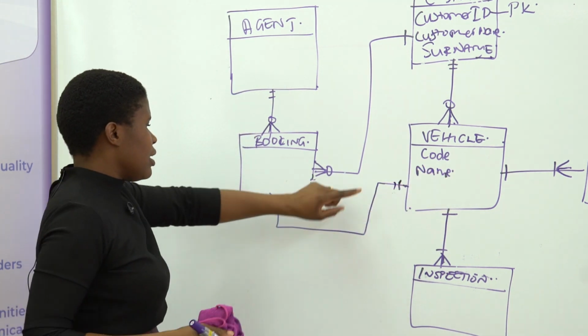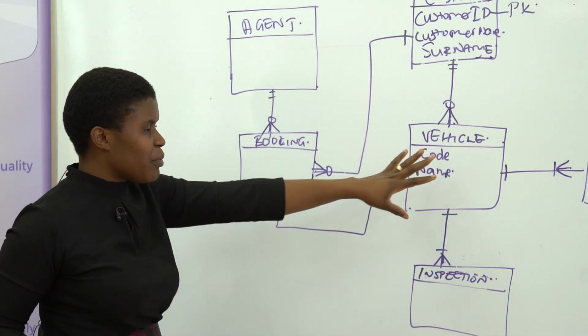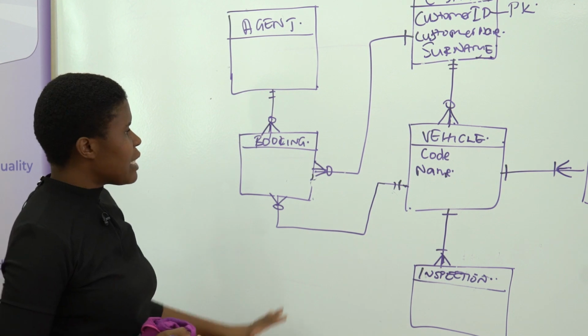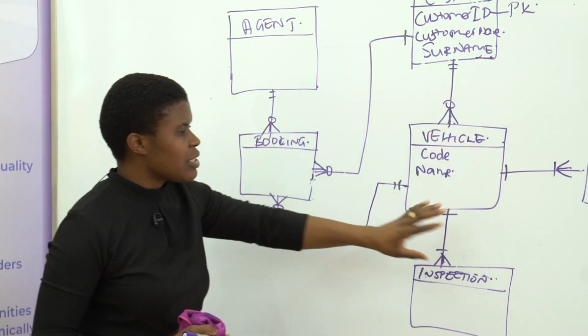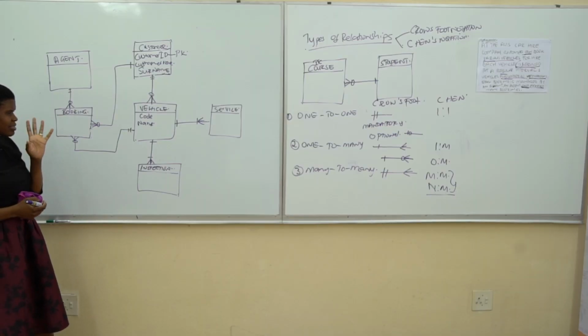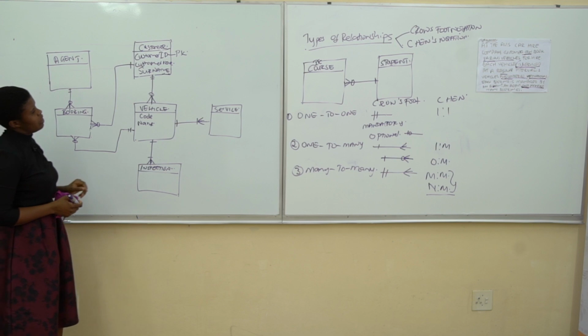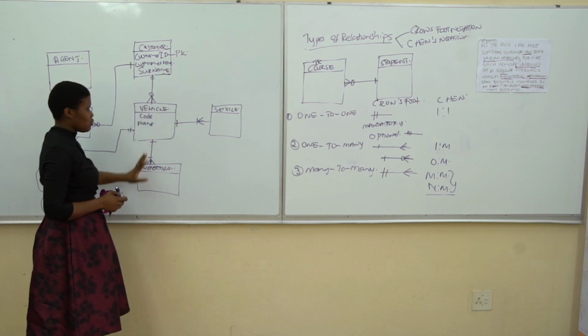A vehicle can be booked or cannot be booked. More vehicles can be booked or cannot be booked. But if we are just putting the signs on the entities without explanation or just ways to link them, it really doesn't make much sense, because a person said, okay, it's one to many, 1 to 0, what is happening with the 1 to many, and so on.